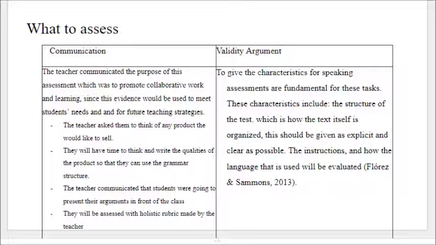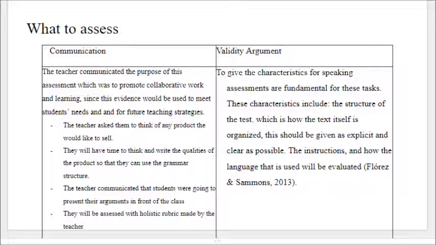When the teacher was in front of the class, he presented this activity, which was the role play. He explained how a role play works, and then he asked the students to think of any product that they would like to sell.